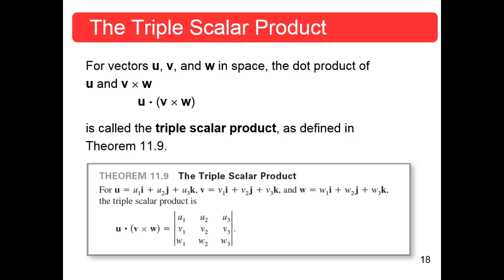After two such exchanges, the value of the determinant will be unchanged, so the following triple scalar products are equivalent. So if you were to swap these two, then you're going to wind up with the minus of what you had before. But swap those two, which is a double swap, and you'll get the same as before.